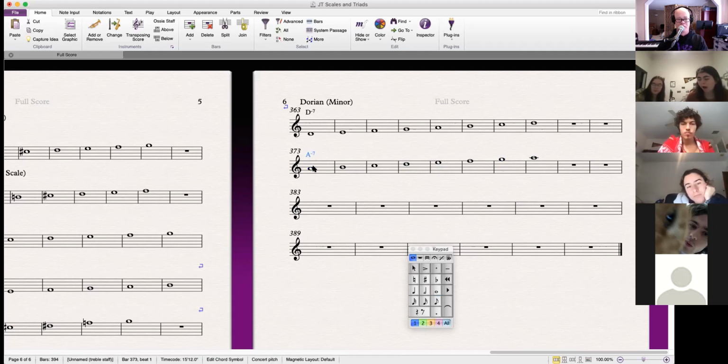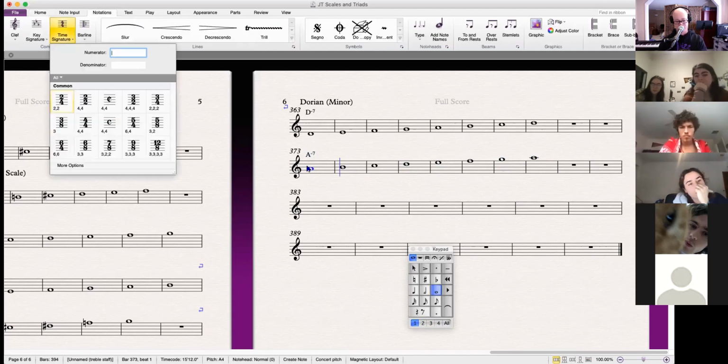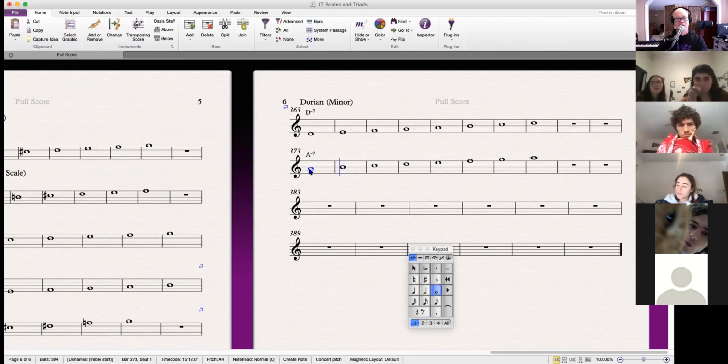So this is called natural minor, or Aeolian mode.